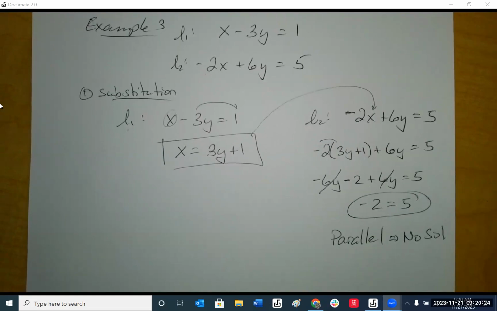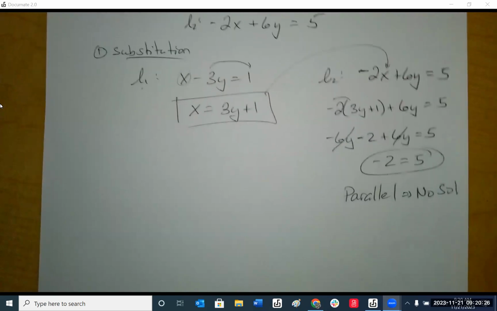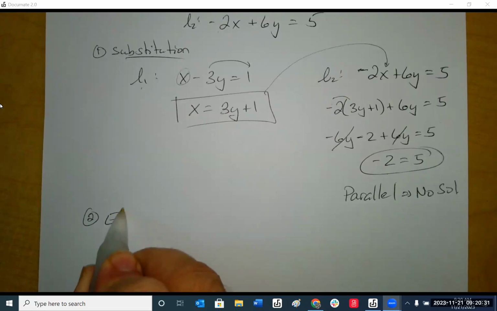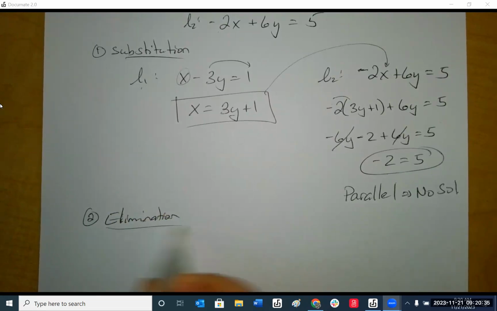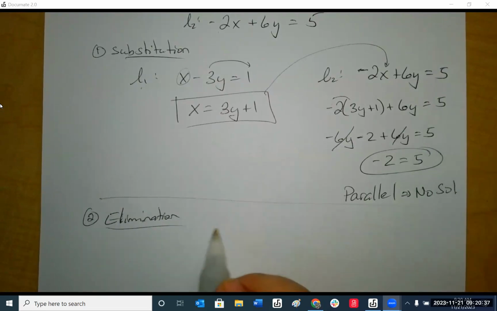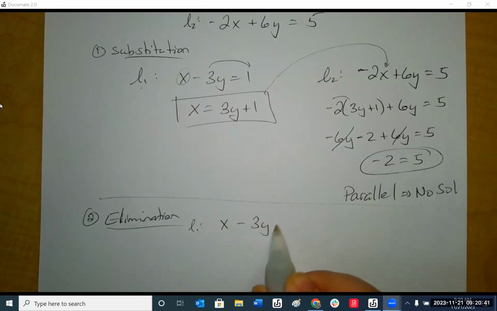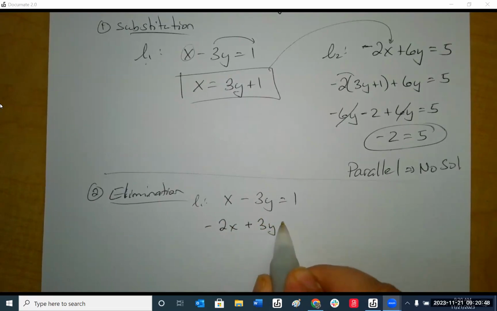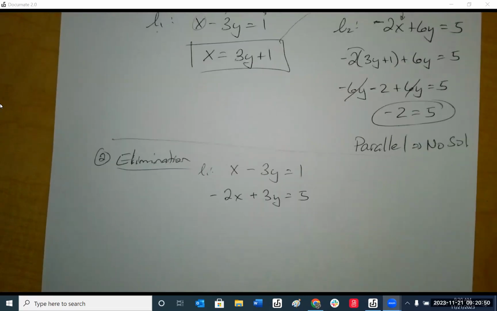And the same thing would happen. Well, I'll show you. Let's do the elimination method with this. So we have line 1, which is x minus 3y equals 1. -2x plus 3y equals 5.